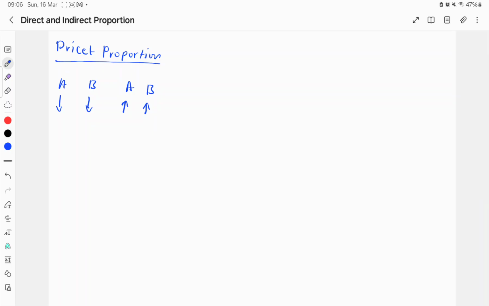So let me give you an example of a problem like this. Two breads will cost Namibian dollar 26.